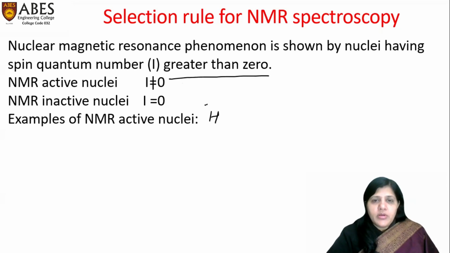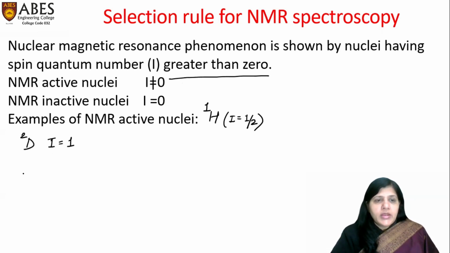For example, proton or hydrogen atom is NMR active because it has spin quantum number value I of 1/2. Deuterium has spin quantum number value 1.